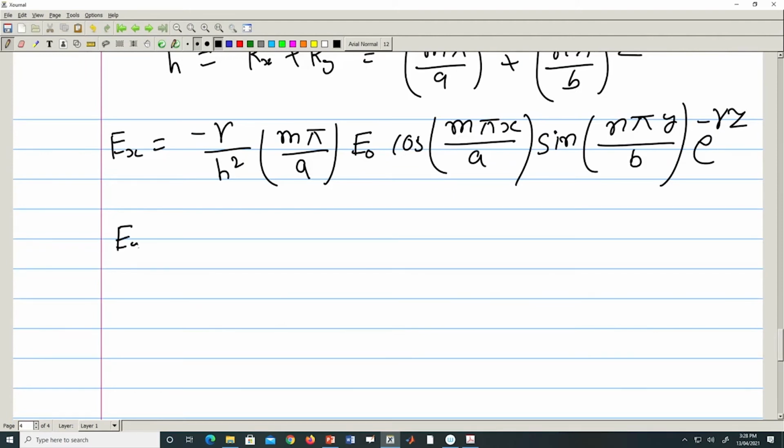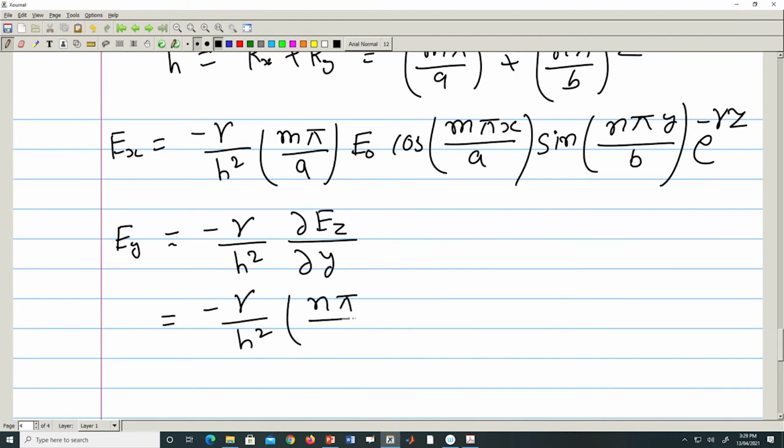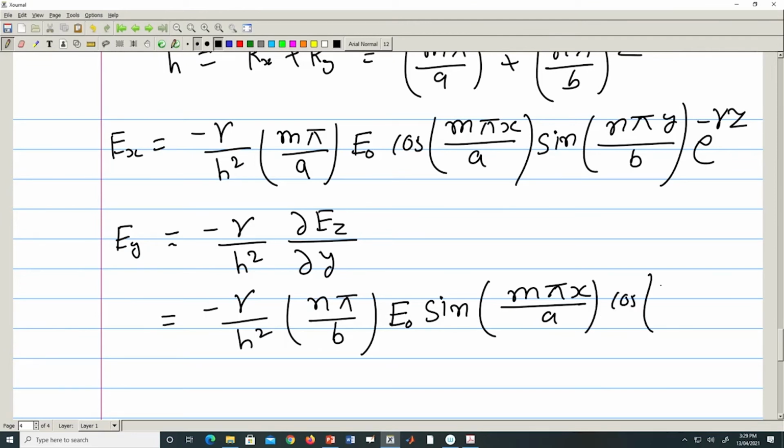In this case the partial differentiation is only on the y component, so this will be minus of gamma by h square n pi by b E naught sin of m pi x by a, and the second term will be cos of n pi y by b because of differentiation, e to the power minus gamma z. We need E x, E y and H x, H y because we will need all these components in the computation of power flow.